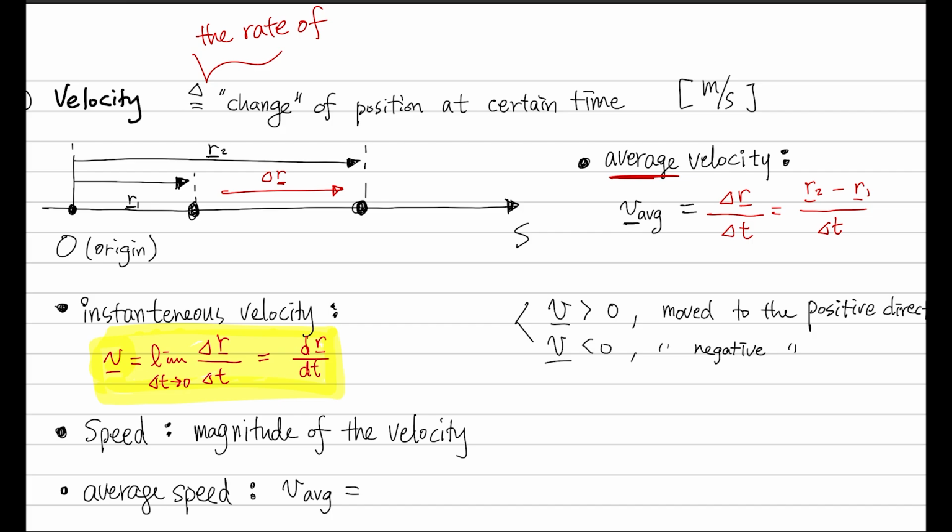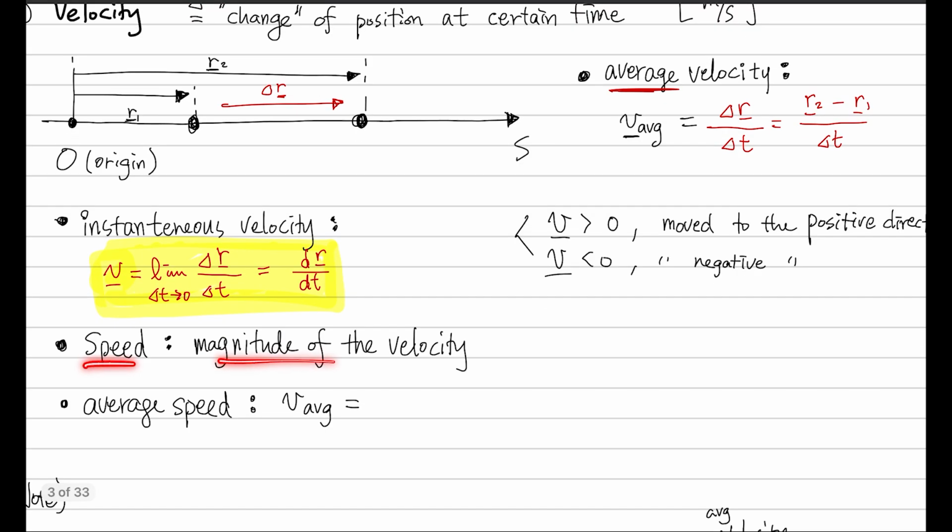So the displacement you have, you find the derivative of this, that's going to be your velocity. Okay? And if this had a positive value, it moved to the positive direction. If this was a negative value, it moved against that direction. And speed is the magnitude of that velocity, and average speed is going to be the total distance it moved divided by the time it took.